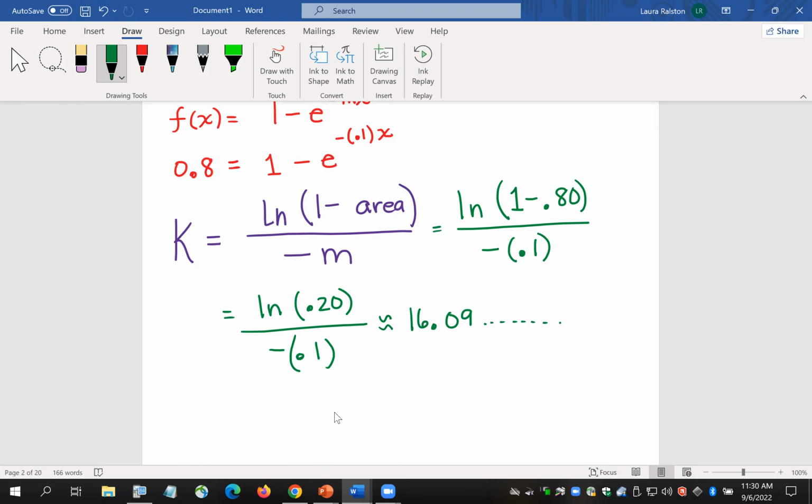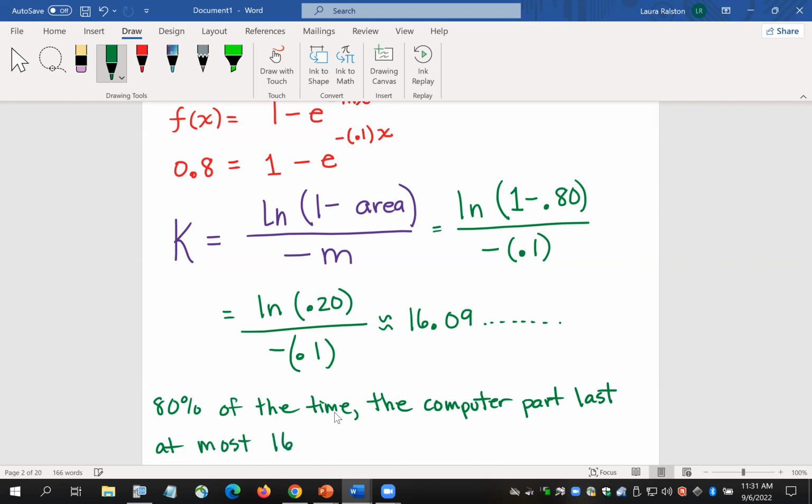So 80% of the time, the computer part lasts at most 16 years.